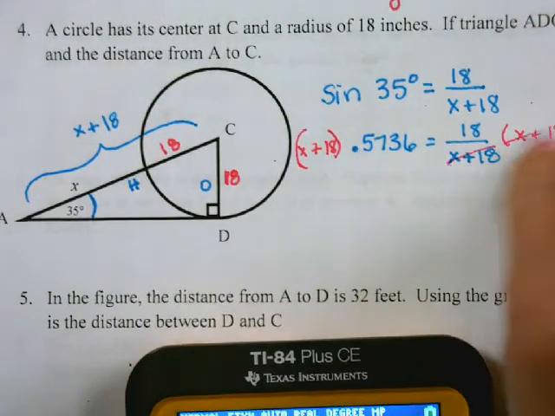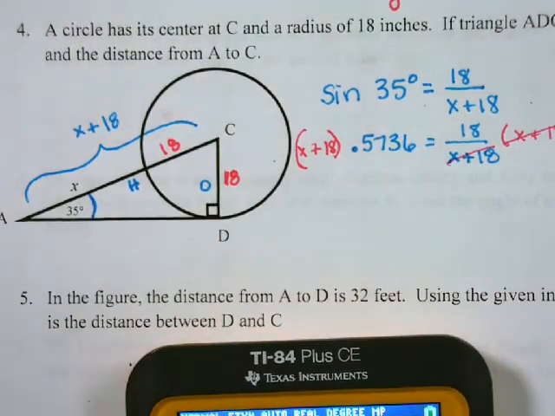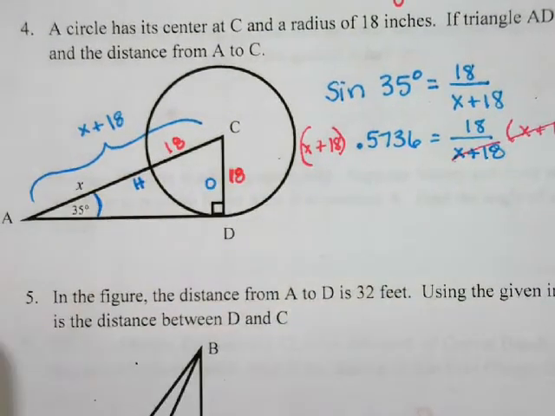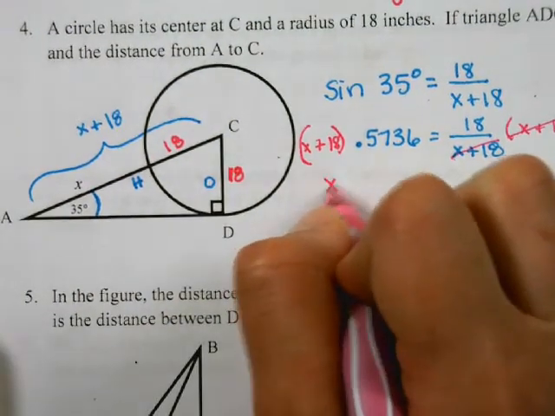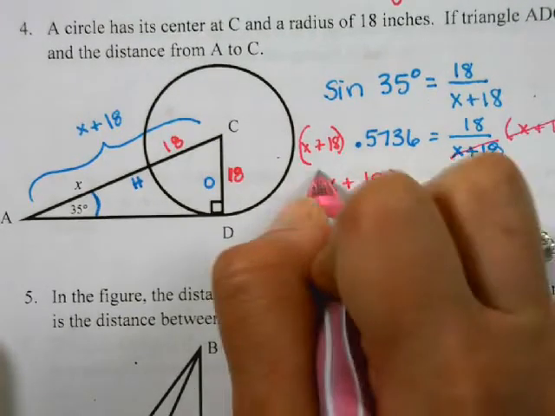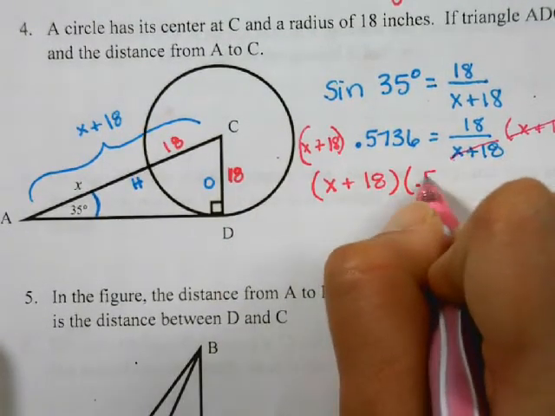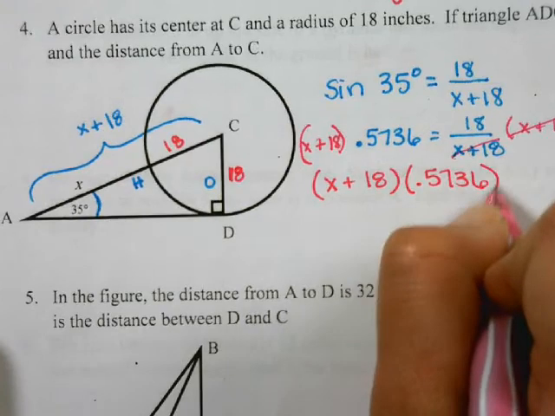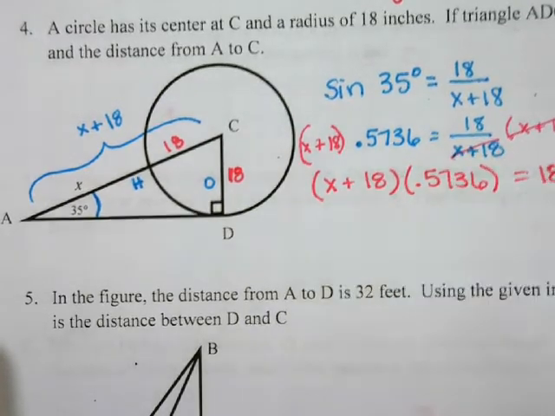Okay, so he'll cancel there and I'll cancel there. So I have X plus 18 times 0.5736 equals 18.